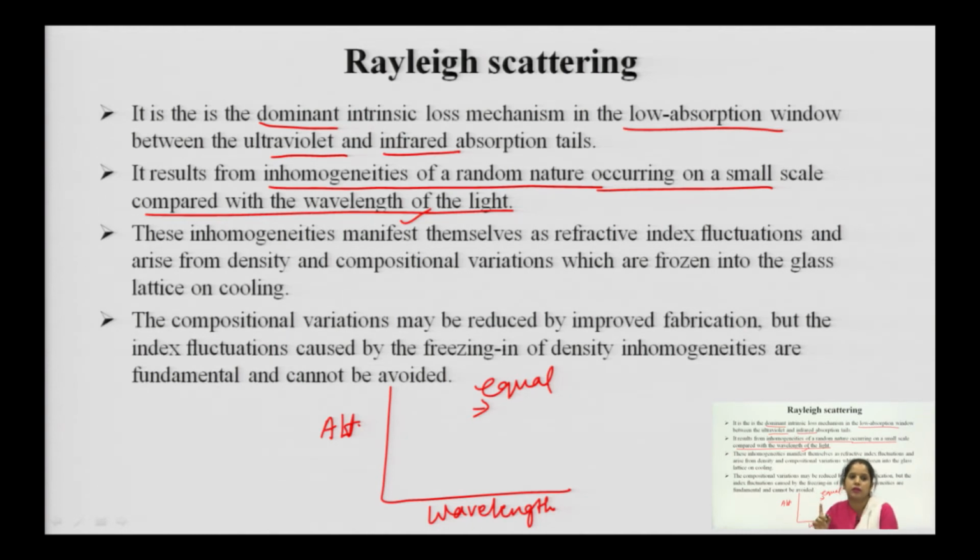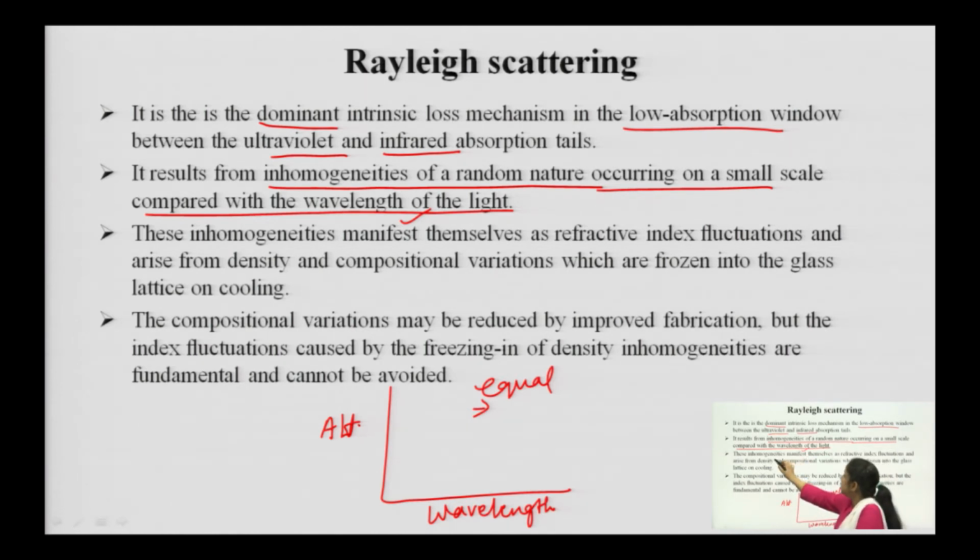Again I am repeating, for Rayleigh scattering to happen, the dimension of the obstacle should be less than the wavelength of the light at which the propagation is taking place.